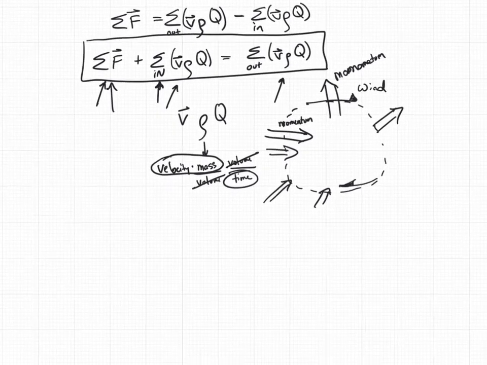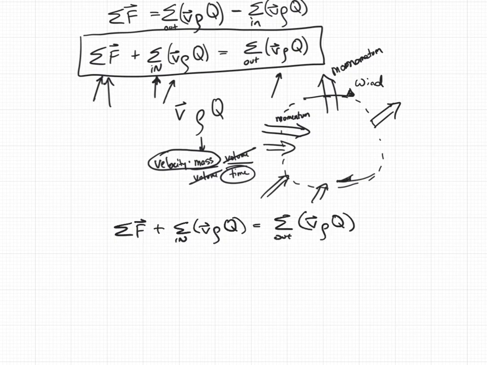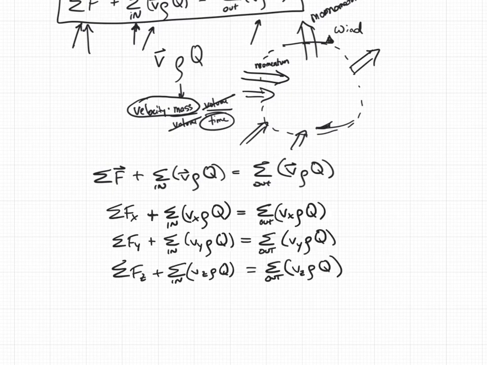So in the end, I'm just going to recopy a nice clean version of this: the sum of the forces plus the sum of the ins of V rho Q equals the sum of the outs of V rho Q. Because this is actually three equations, we'll write out those three equations.